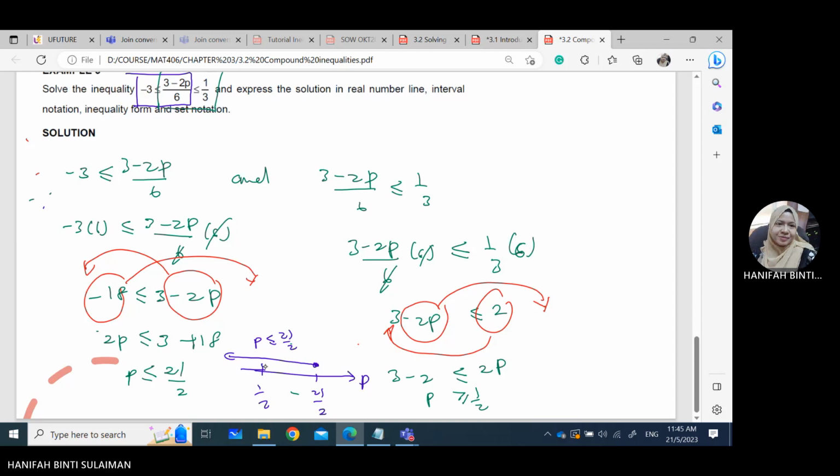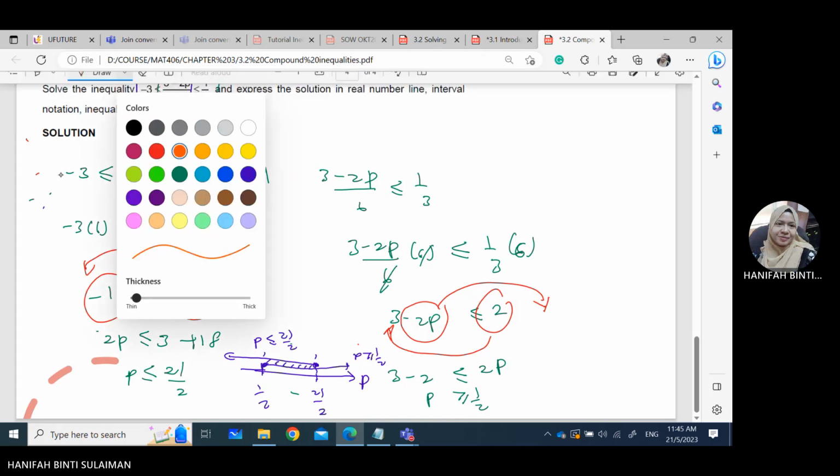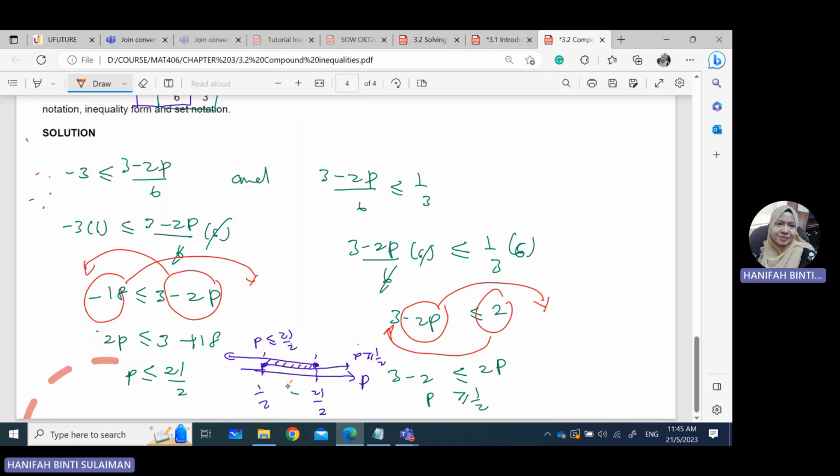Kat sini. P, this one is about P greater than or equal to 1 over 2. So kita ambil yang overlap ataupun intersect. So the answer is in the middle here. Kat sini. So untuk area yang ini, nilai P adalah greater than or equal to 1 over 2 and less than or equal to 21 over 2. Okay, boleh?